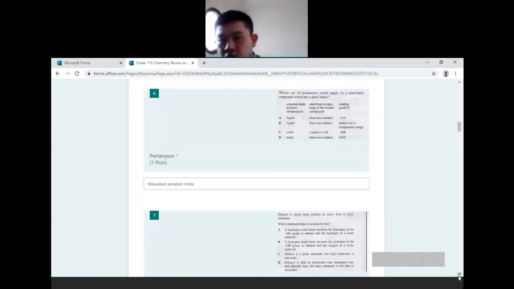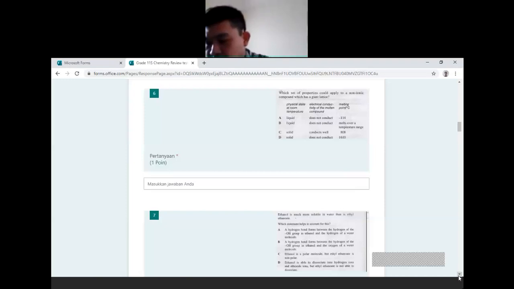The next number: which set of properties applies to a non-ionic compound which has a giant lattice? We know in the giant lattice structure, it can also refer to a giant molecular structure.